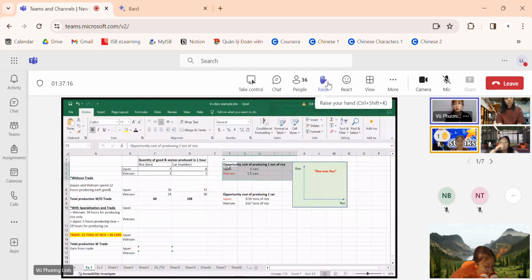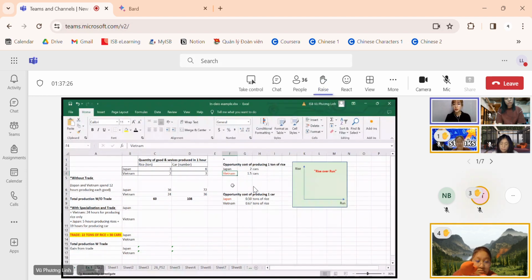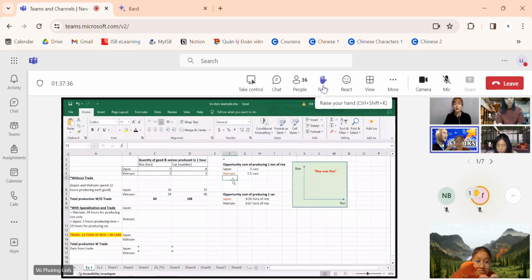So what is your conclusion for their comparative advantage, Phương? For rice and car, which country has the comparative advantage in rice? Vietnam for rice, right? And for car, Japan.